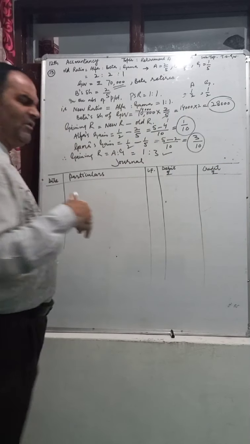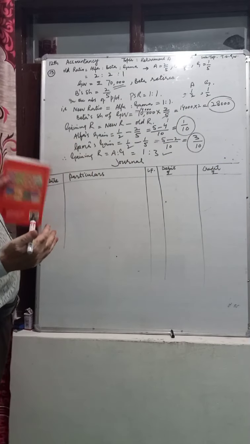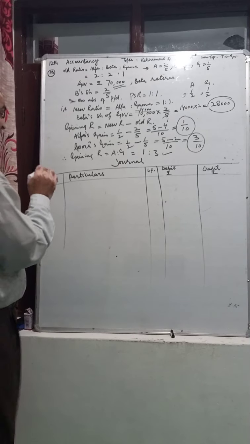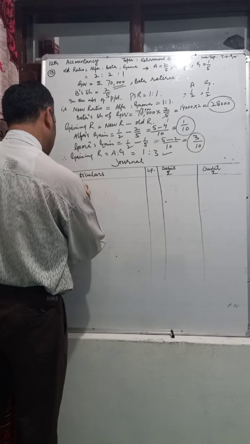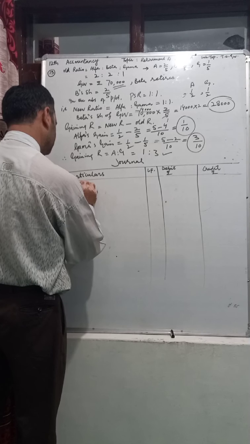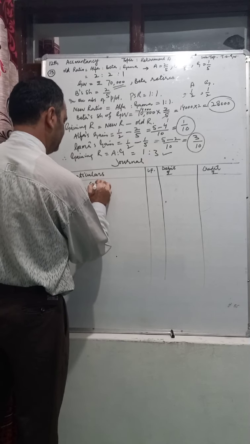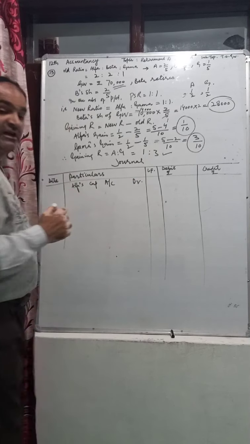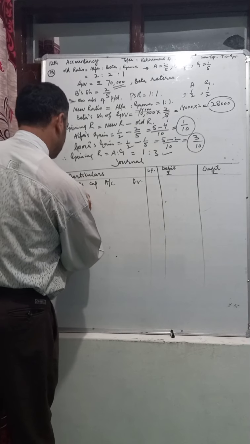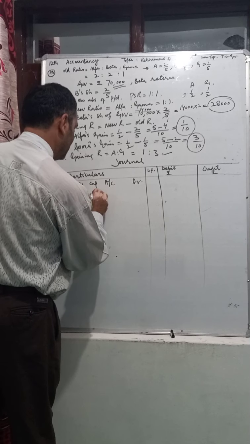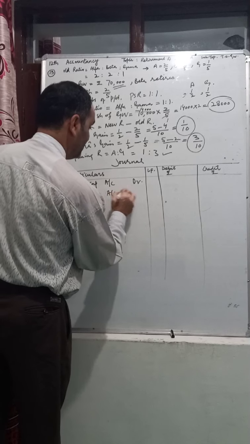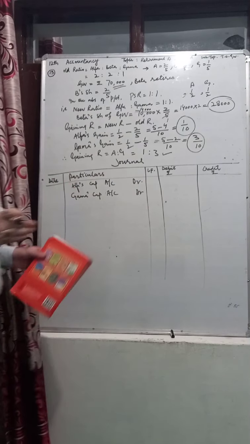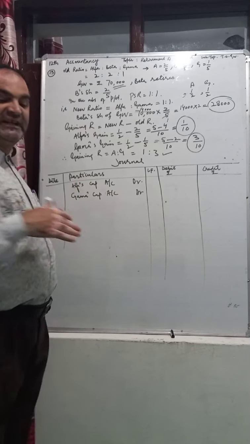This type of question we have already learned, and we know how to prepare the journal entry. Here, the first entry, Alpha's capital account debtor, Gamma's capital account debtor. First of all, we will see the capital accounts of the gaining partners.